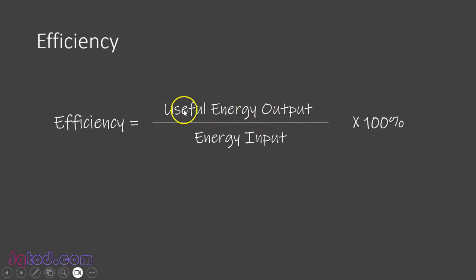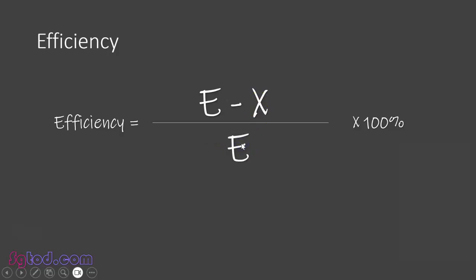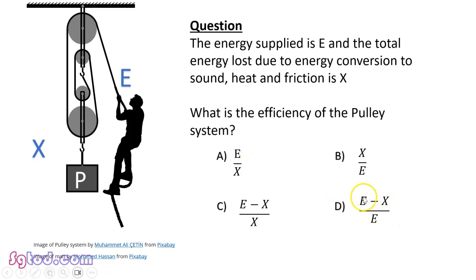First, we need to calculate the useful energy output or the work done. Since we are given energy supplied to be E and energy wasted is X, then the useful energy output or the work done is E minus X. We divide this over the initial energy input E, and with that, we get the answer to be D.